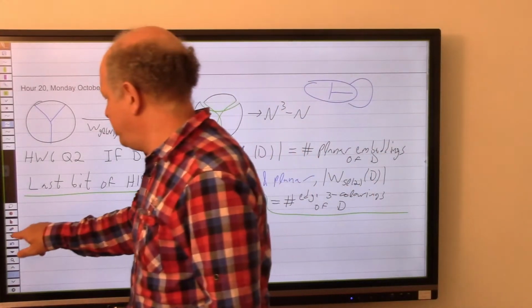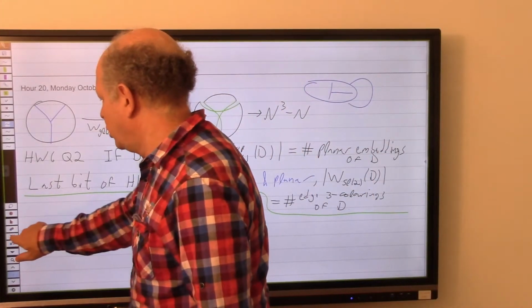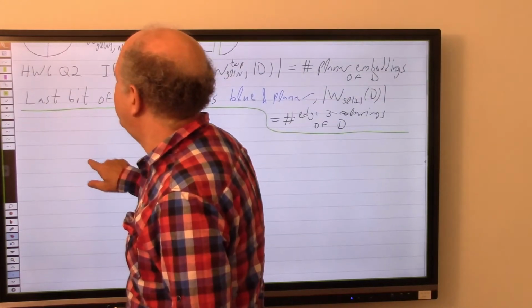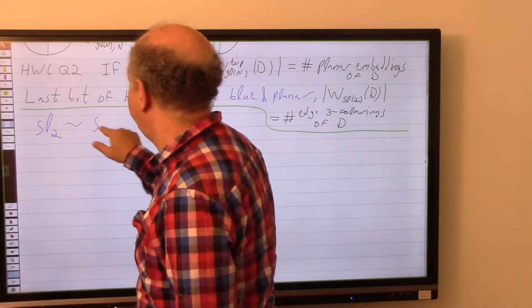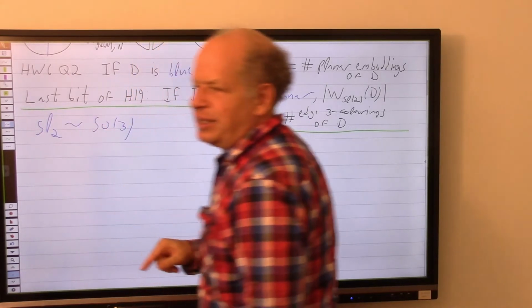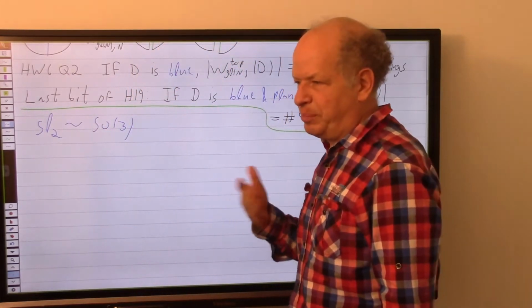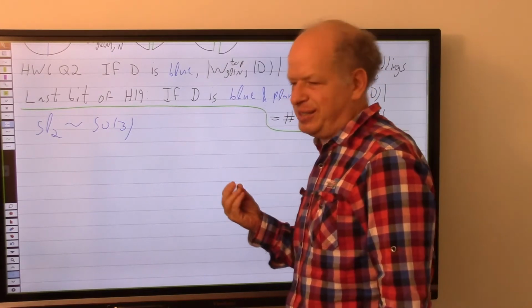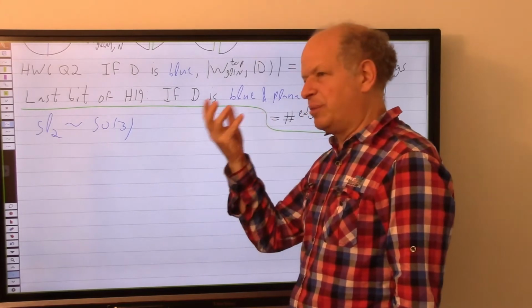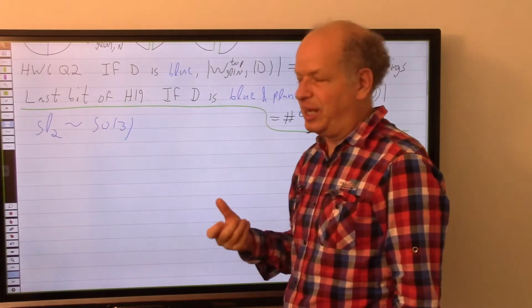So this was true because SL2 is isomorphic to SO3. The SO3 is generated by 3 infinitesimal rotations. So the rotation about the x-axis, the y-axis, and the z-axis.